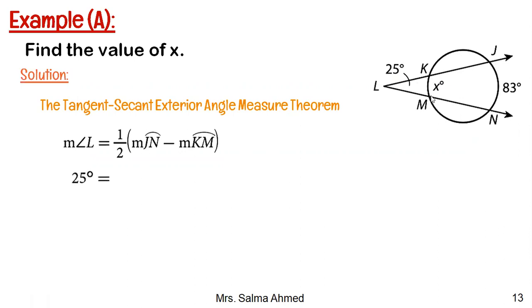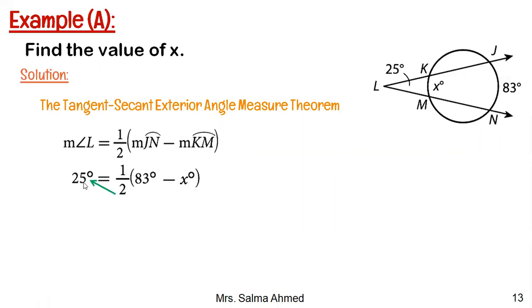By substituting, the measure of angle L, which is 25, is equal to half the measure of arc JN, which is 83 degrees, minus this arc, which I don't know, so I will call it unknown x. Now I'm going to move this 2 from division to multiplication on the other side.